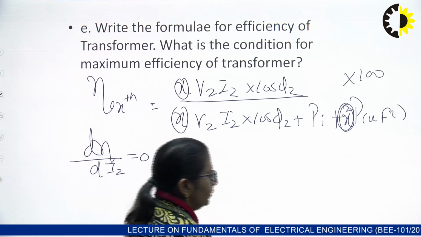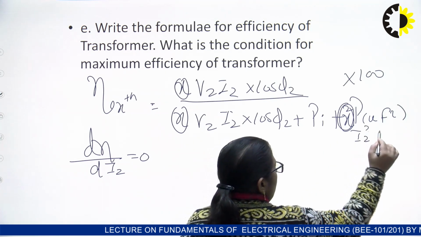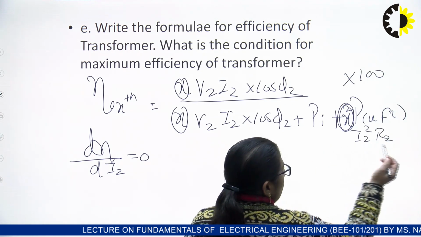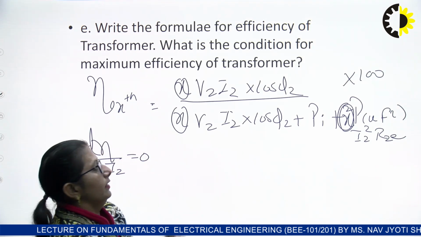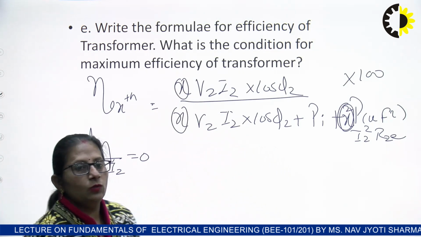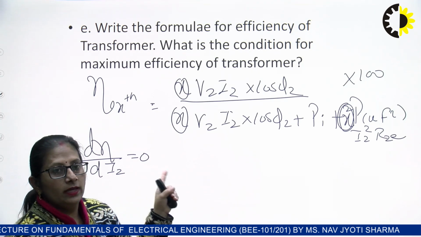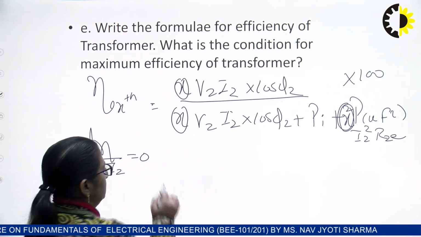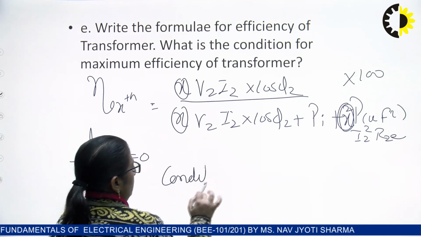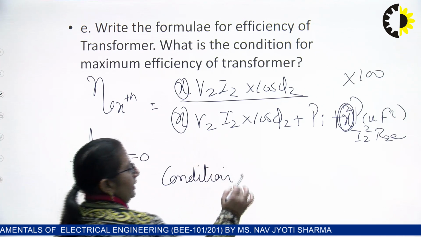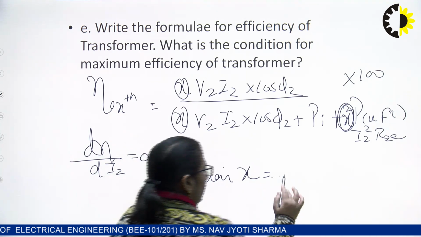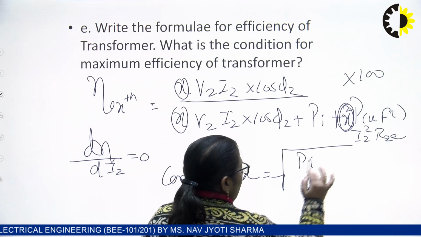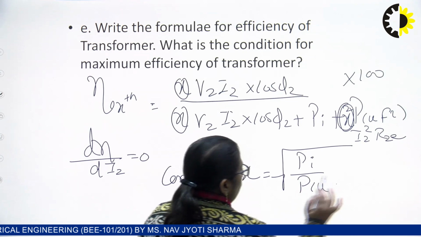PCU can also be expressed in terms of I2 as I2 square into R2E. So, just differentiating it with respect to I2 and equating it to 0, the condition for maximum efficiency would be that this x load would be equal to under root of Pi by PCU.